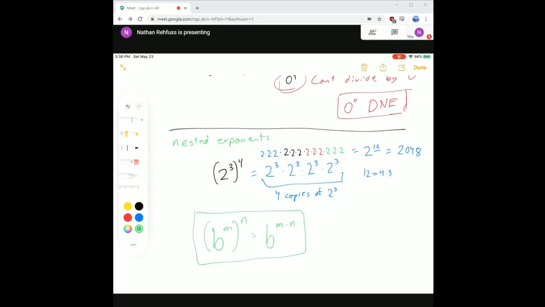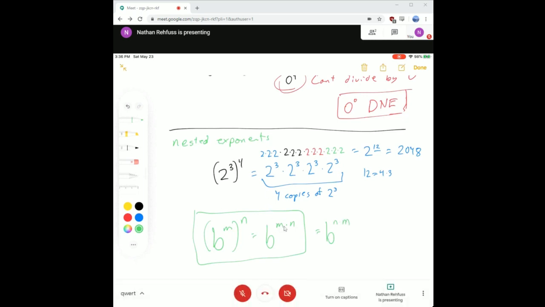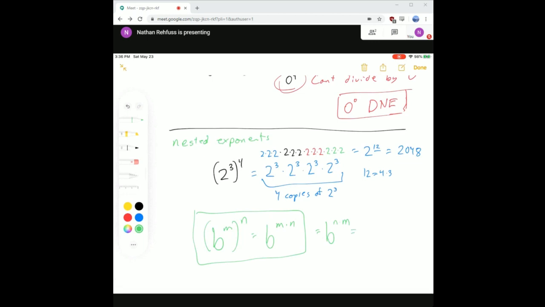Here's a fun little extra bit to the nested exponents rule. B to the m times n: multiplication is commutative, which means I can multiply in either order and still have the same answer. So for example, 3 times 4 is the same as 4 times 3, of course. But I can write this as b to the n to the power of m.